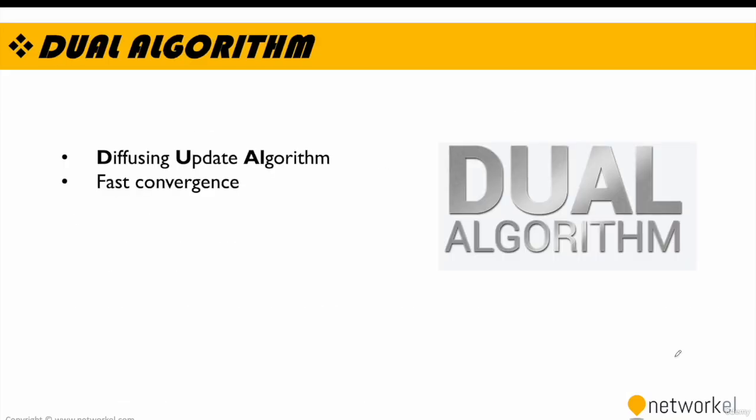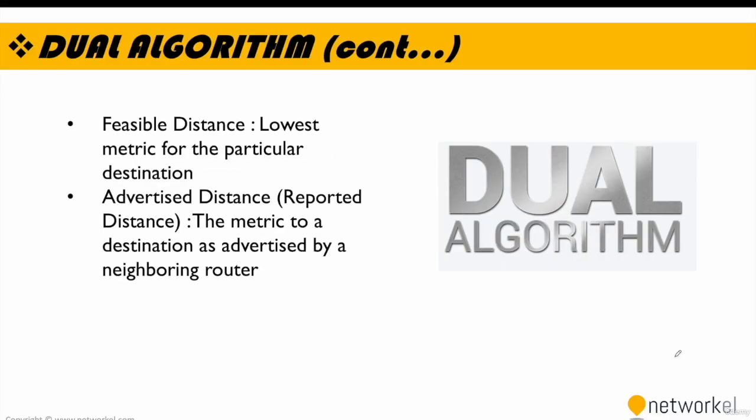The DUAL algorithm, the Diffusing Update Algorithm, is the route calculation algorithm used by EIGRP. This algorithm really provides fast convergence for the EIGRP protocol. When it comes to the key features of DUAL, we have some terms that we need to know.